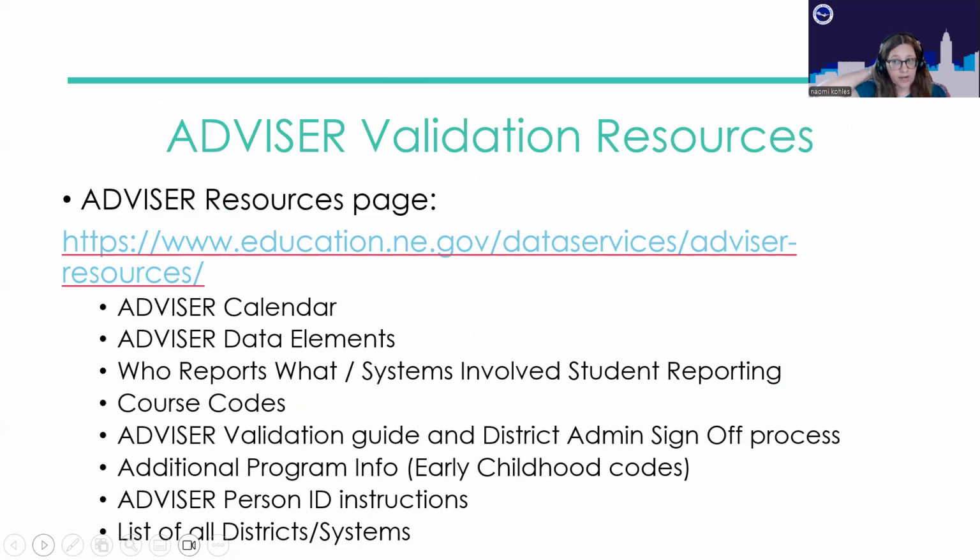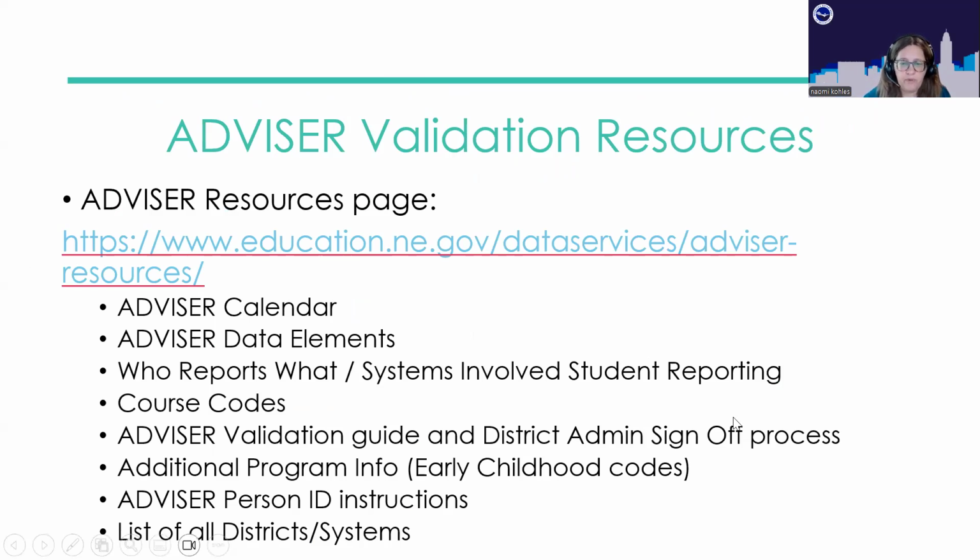Here's a lot of what we talked about at this Advisor resources page. We've got a calendar there, data elements. This guidance called Who Reports What can be really helpful if you have a challenging student reporting situation that's really unique and you need to understand who's responsible for reporting what data points about this kid.